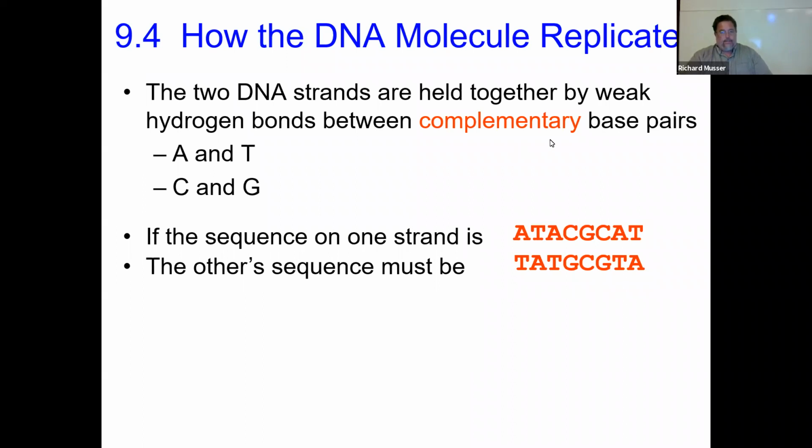But the key is to understand that there are these complementary base pairs where adenine always pairs with thymine and guanine always pairs with cytosine. And so if I gave you a strand of letters representing the nucleotides, ATA, CG, CAT, you should understand that without even me showing you the bottom, that A is going to have a T below it. And then T is going to have an A.